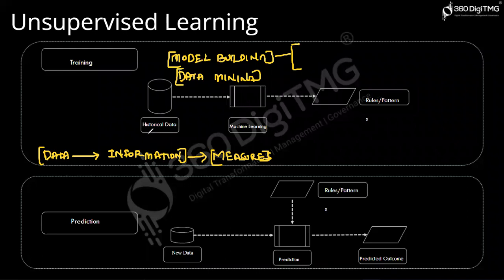The data is nothing but the information, and we are going to measure this information. If we want to measure the information, we are going to use mathematical operations, or we are going to use statistical things.